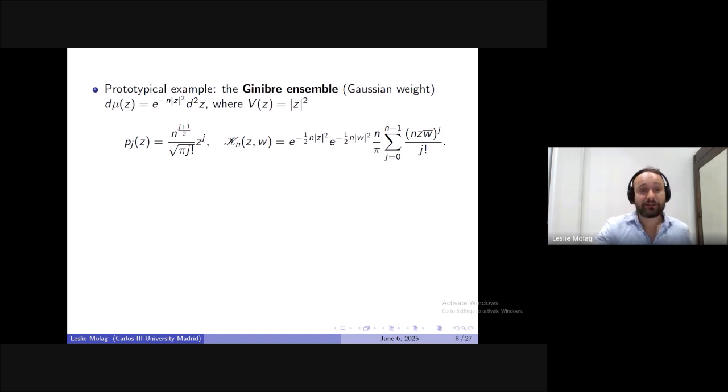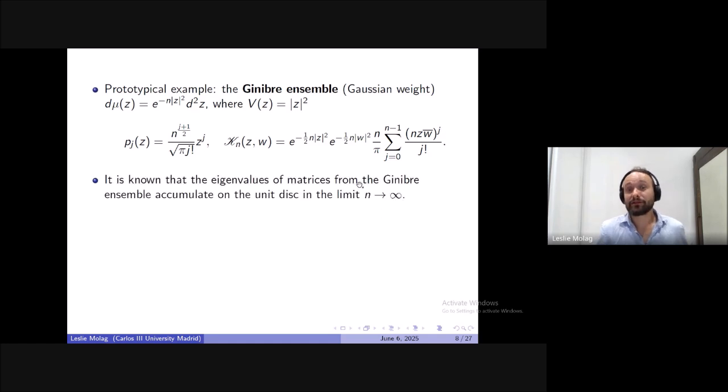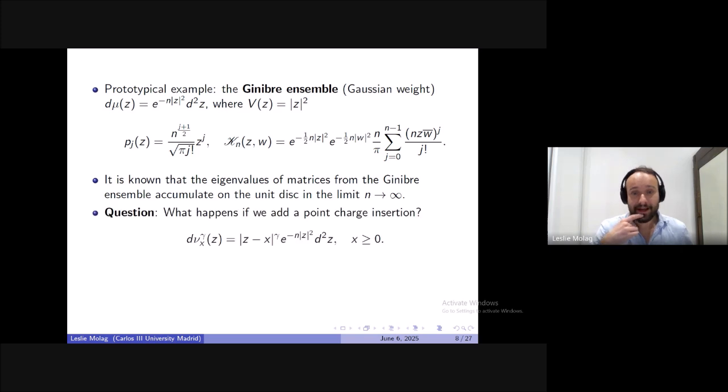Furthermore, I also mentioned this already when we viewed the picture. We know that the eigenvalues of the Ginibre ensemble, that is, a matrix sampled from the Ginibre ensemble, will accumulate on the unit disk in the large n limit. So the question then is, okay, what happens if we add a point charge insertion?